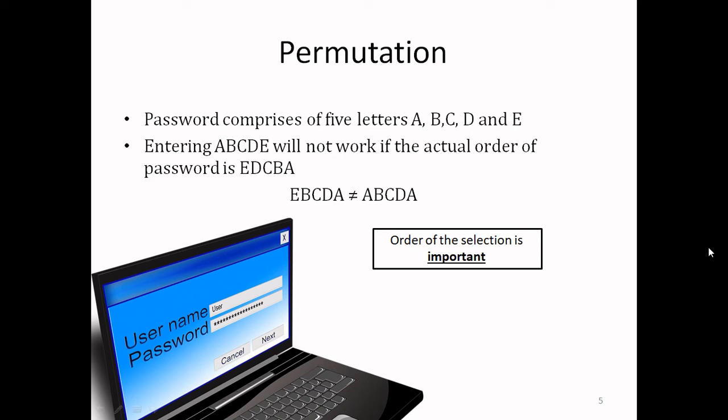So A, B, C, D, E is not equal to E, A, B, C, D. Likewise, you can create different variations from A, B, C, D and E, and if they do not match the exact order of my password, you cannot open my system. So the basic difference between permutation and combination is that the order of the selection is extremely important.